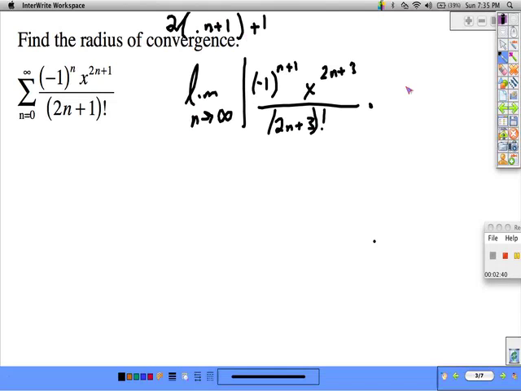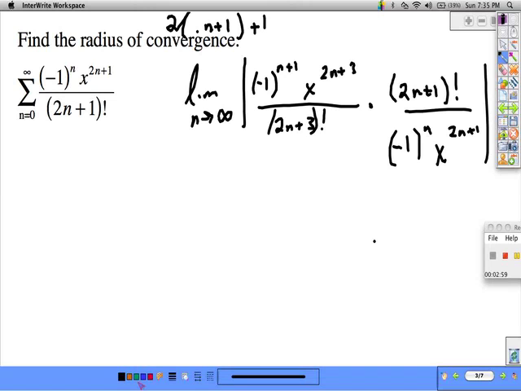So we're dividing by the nth term, in other words, multiplying by its reciprocal. And because of the absolute value, the negative 1's to the power go away. And we can do some simplifying here.